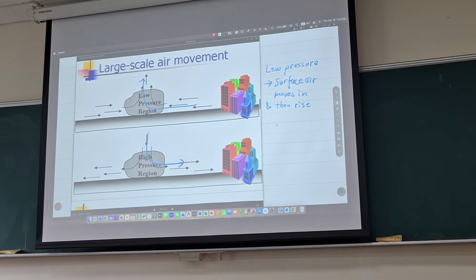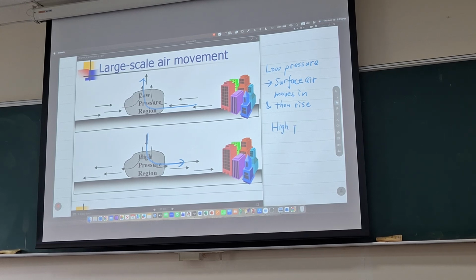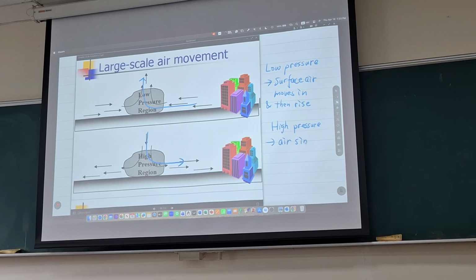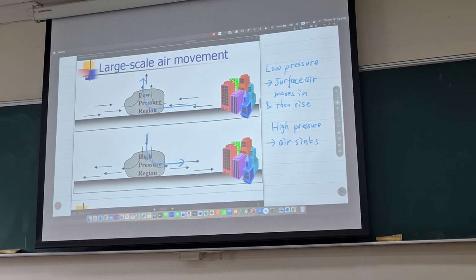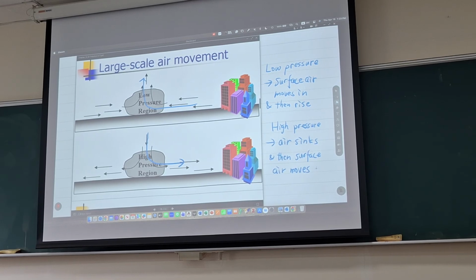So in the opposite, for a high pressure center, the air is going to sink. The air sinks, and then the surface air moves out.